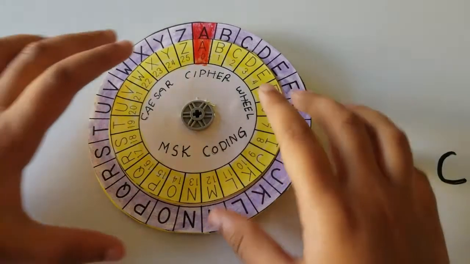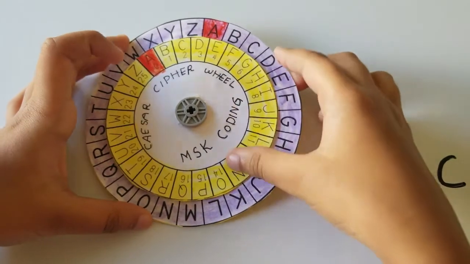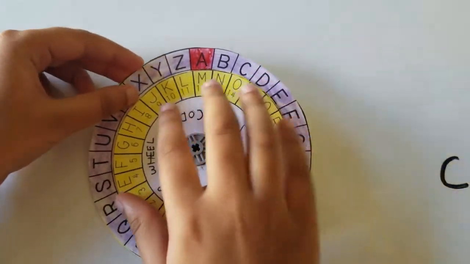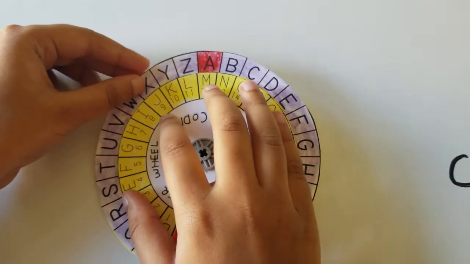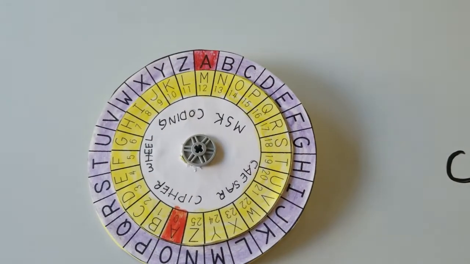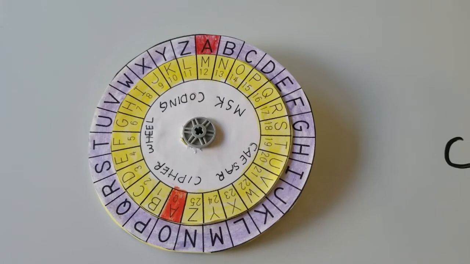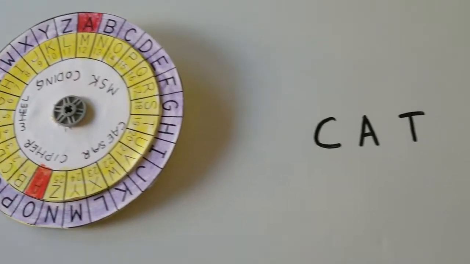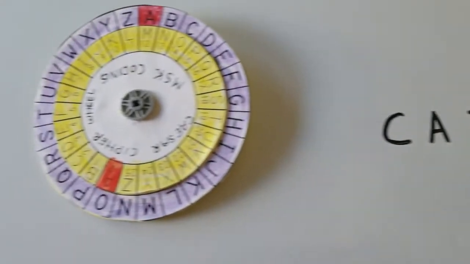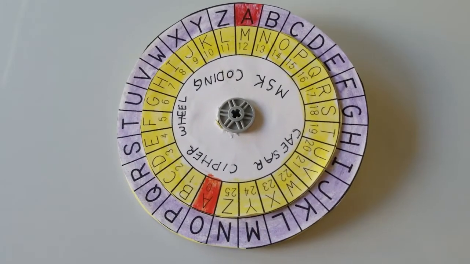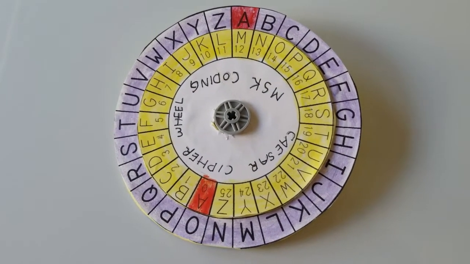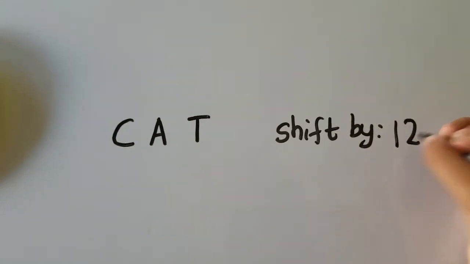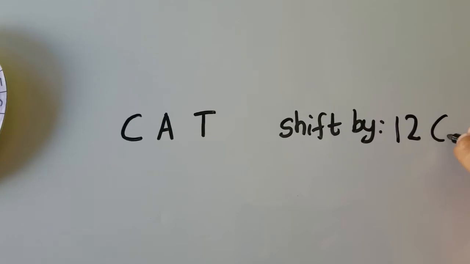In this case, I'll be using M. So you shift M all the way up to A, making sure that everything's lined up, and then you pick a word. In this case, I'm picking cat. So since M is number 12, I'm going to be shifting by 12, which is the letter M.